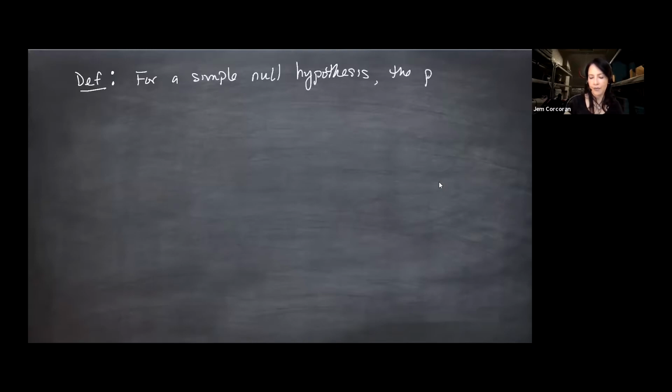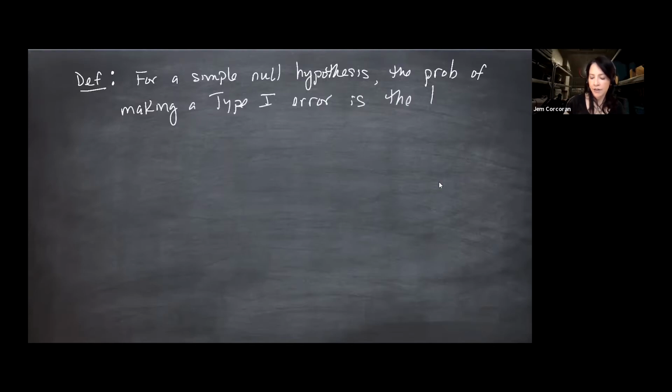the probability of making a type 1 error is called the level of significance of the test. It's also called the size of the test for reasons that we will see in this course, because it's kind of measuring the size of a set. So the probability of making a type 1 error is the level of significance or size of the test.